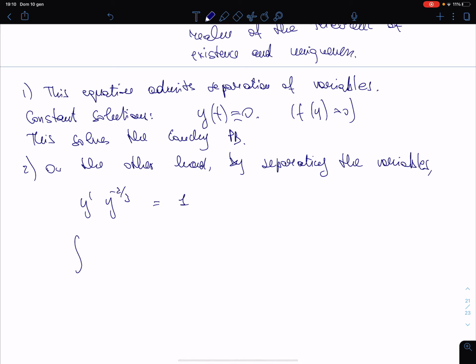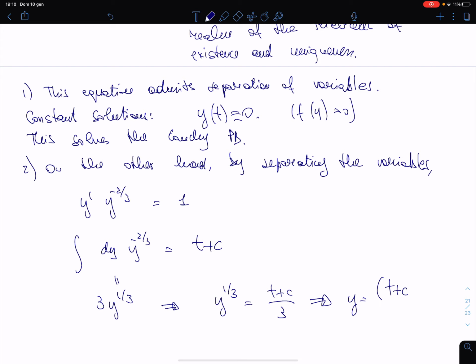Then integrate. Here you have dy, y to the minus 2/3, is equal to t plus c. And then this is 3 y to the power 1/3. So you have y to the 1/3 is equal to (t plus c) over 3. And this implies y is equal to (t plus c) cubed over 27.